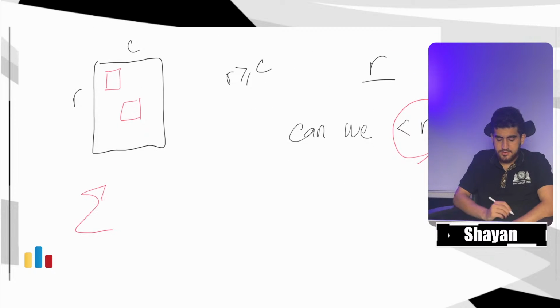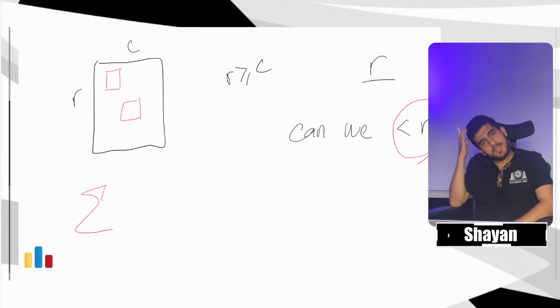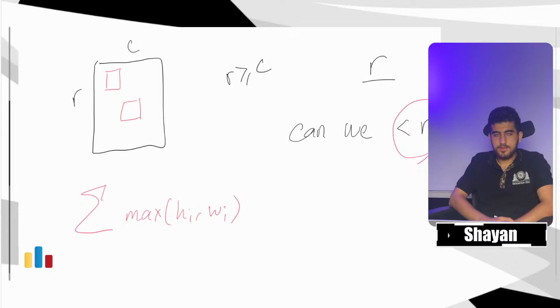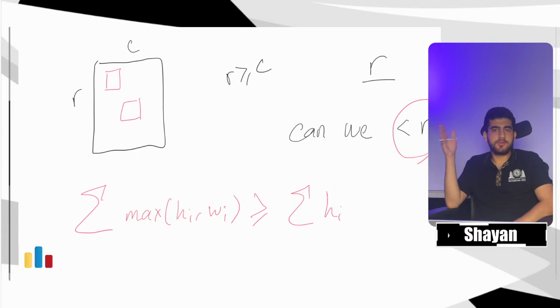So we have several subgrids, and in each of these subgrids, the cost is going to be maximum of hi and wi. This sum is going to be greater than or equal to the sum of hi's.